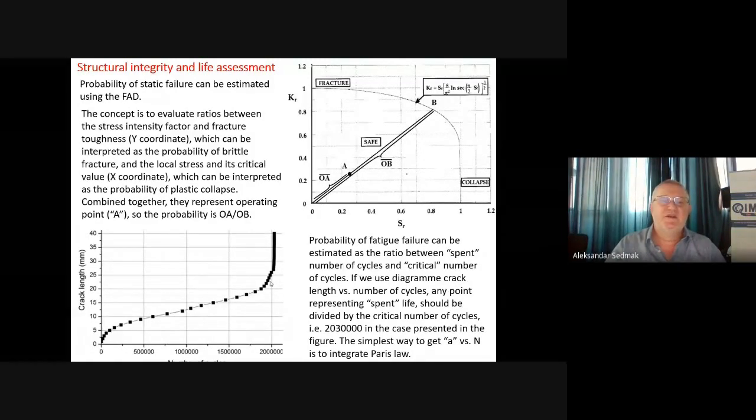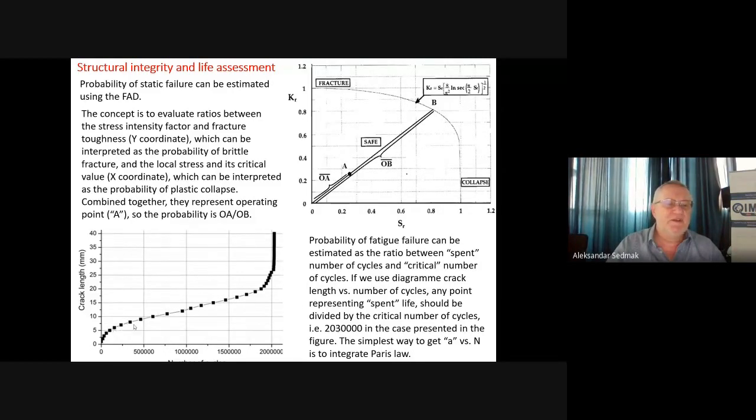And of course, either by knowing the critical crack length or looking simply at this diagram, we can see what the critical situation is, what the critical number of cycles is. In this case, shown here, it is about 2 million and, let's say, 30,000.